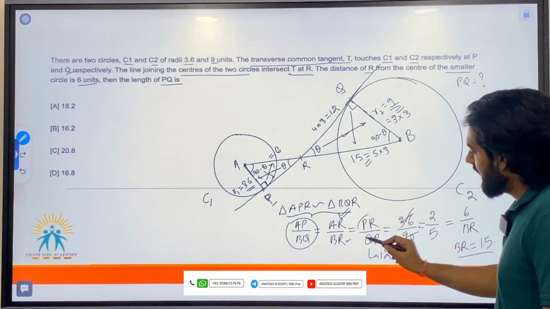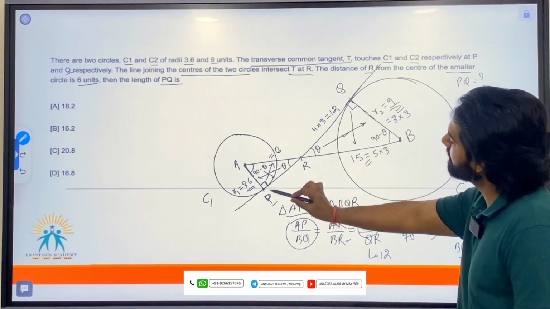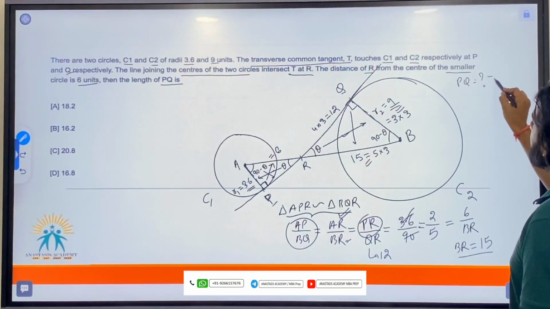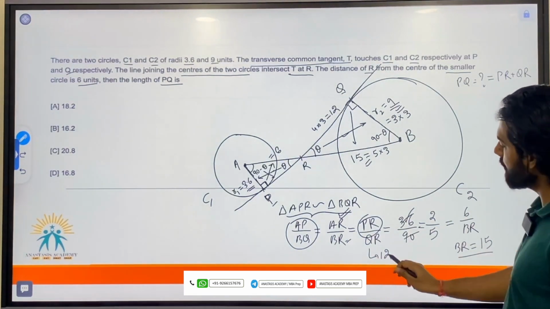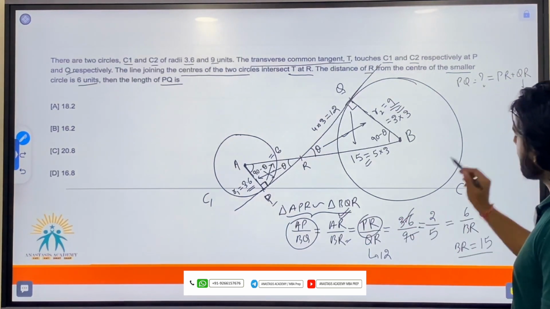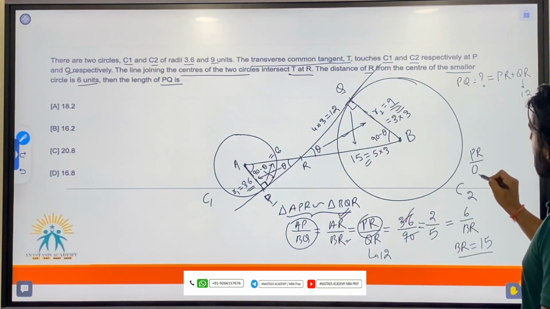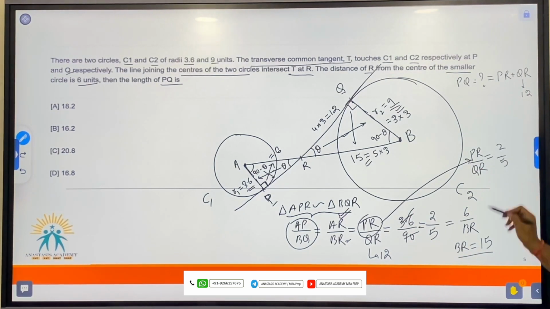Using this ratio, I can find the value of PR, because I need to find the length PQ, and it is equal to PR plus QR. QR is already known, 12 units. PR I can find from this ratio, PR upon QR is equal to 2 by 5. So PR would be equal to 2/5 of QR.